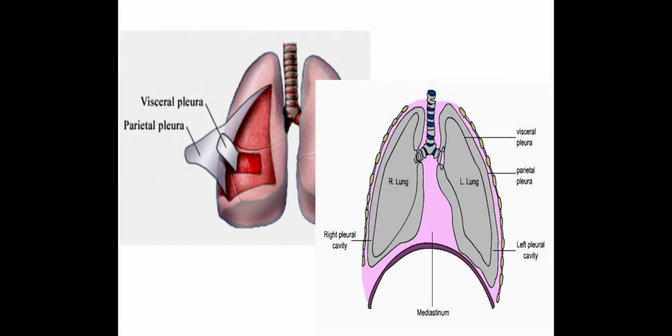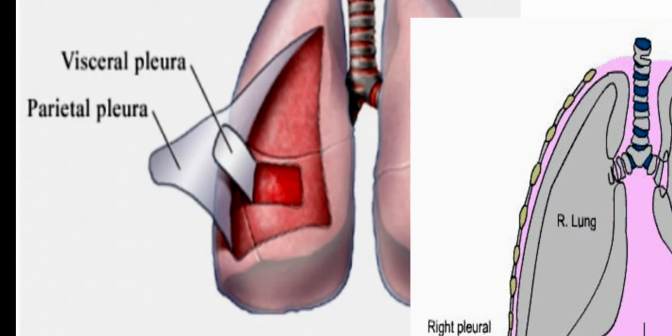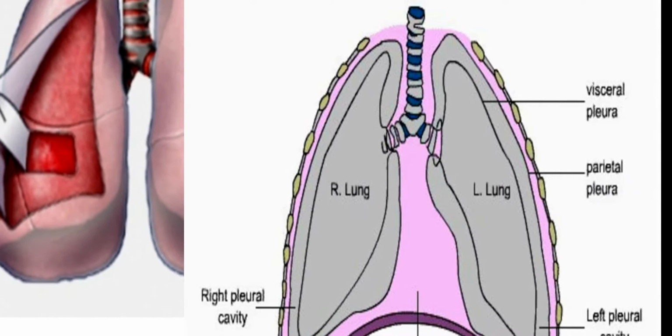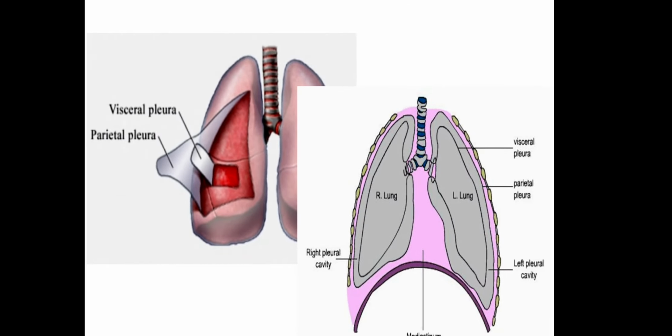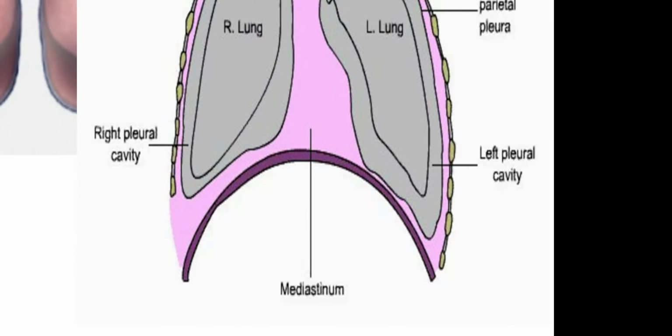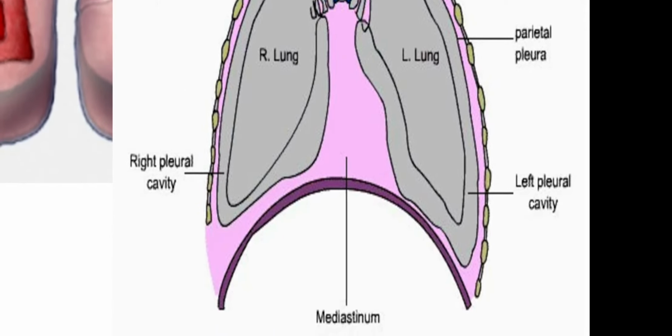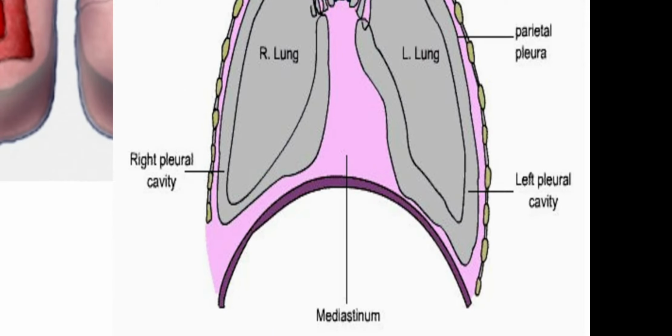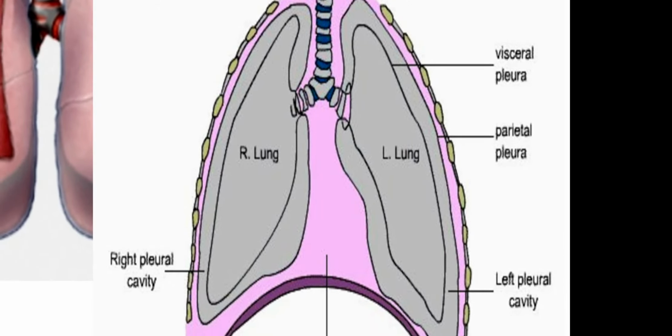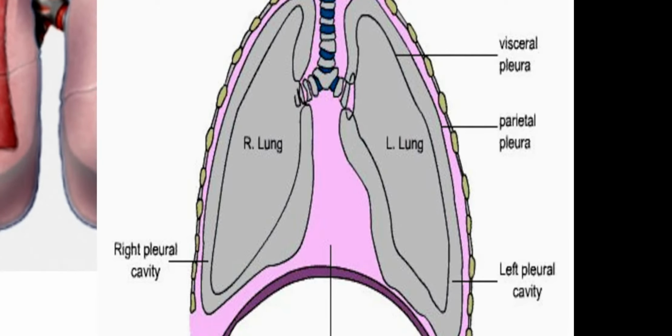As you see here, the visceral pleura covers the lung, and the parietal pleura lines the costal surface or the ribs. Here we have the pleural cavity between the visceral and parietal pleura.